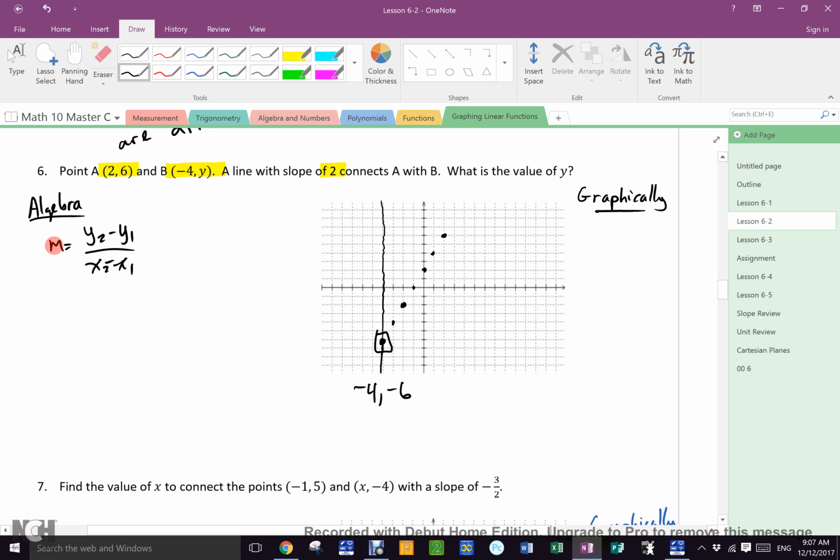What can I write instead of m? 2. But it's slope, so it should be rise over 1. Became Elmer Fudd for a second there. Rise over 1. Be very, very quiet. We're hunting rabbits. What should I really write there? Not 2. 2 over 1. Excellent.